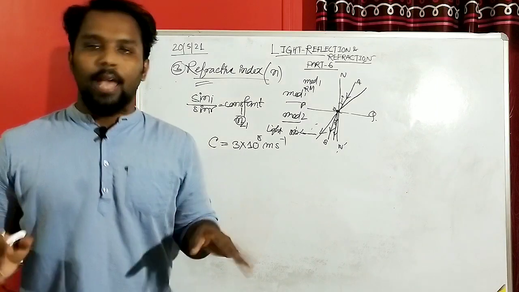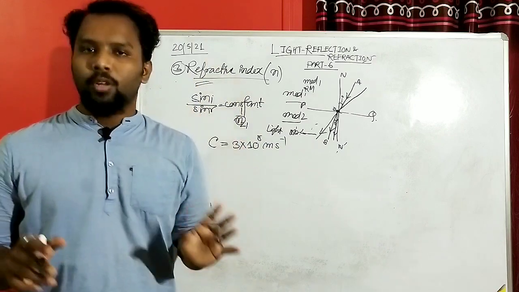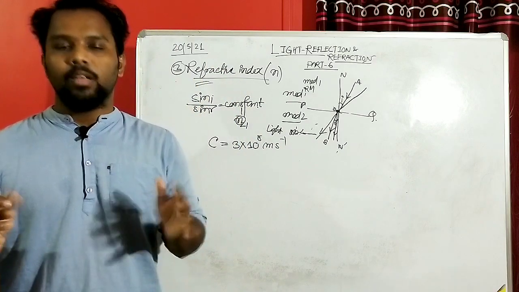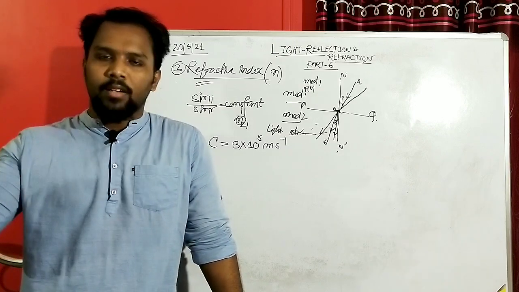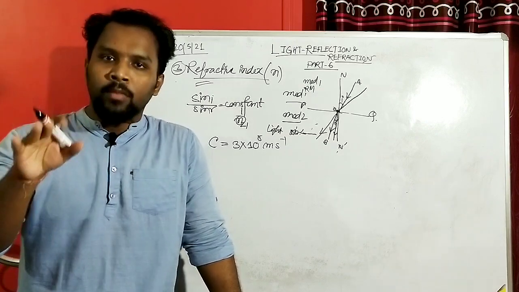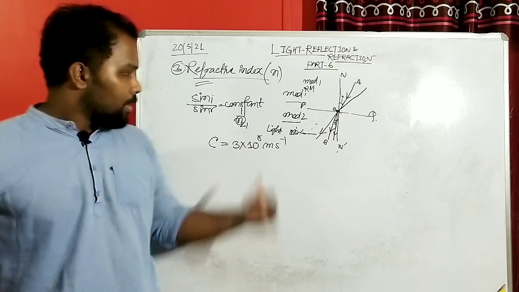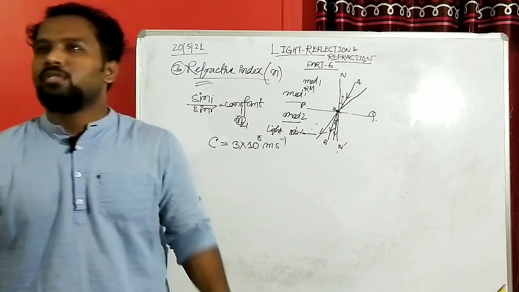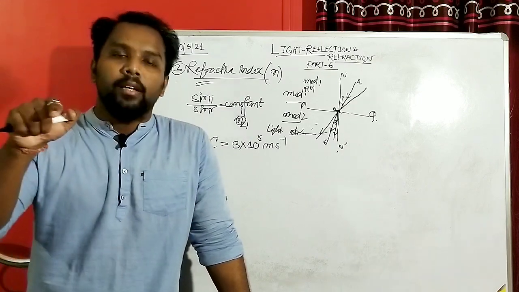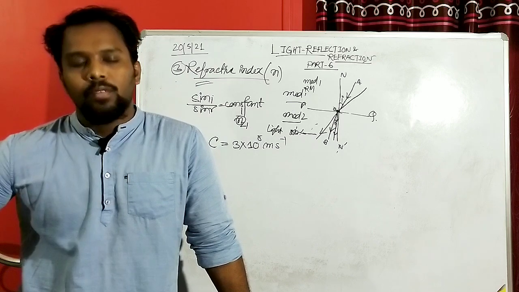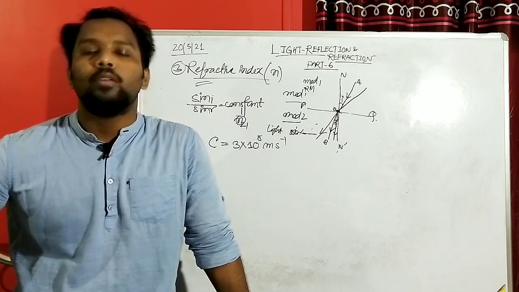Okay, and this velocity actually changes. Now consider one thing. I have given you one example of a car moving on a traffic free road. Then when it enters traffic, what will happen? If the road is free, you may be moving at a constant velocity, like 3 into 10 to the power 8 meter per second, or say a speed of 80 km per hour. Once you enter traffic, can you move at a constant speed? No. You have to slow down your car.